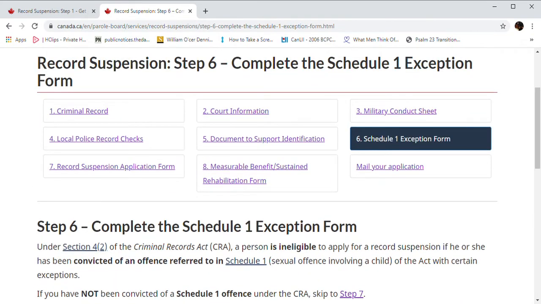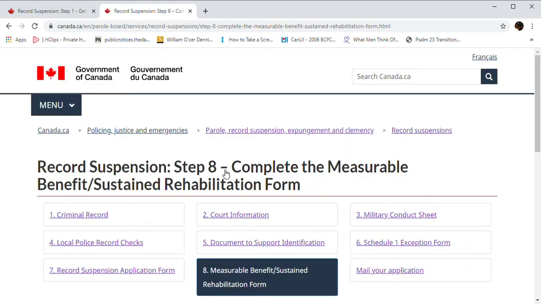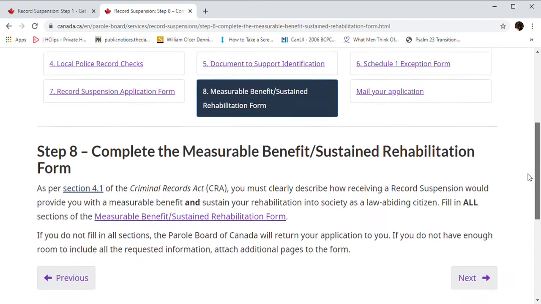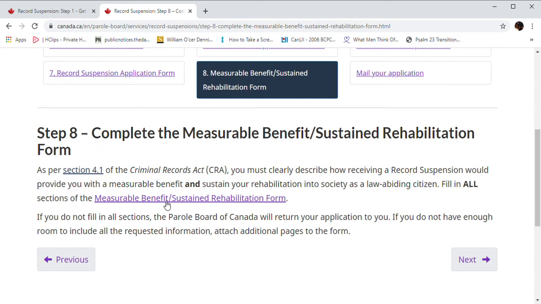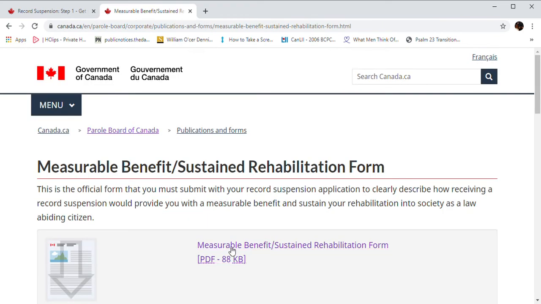Okay, so then we go to. All right, let's go to measurable benefit. We'll come back to record application. Let's go download the form again.